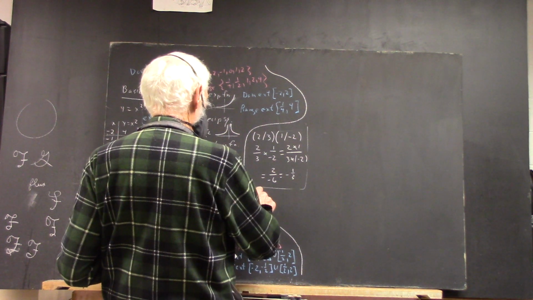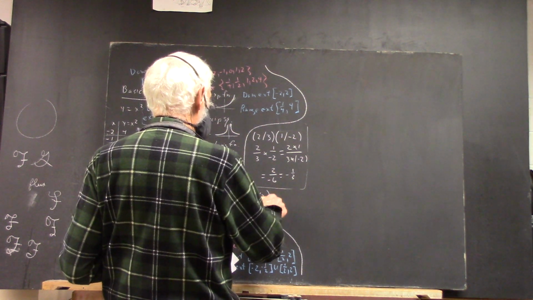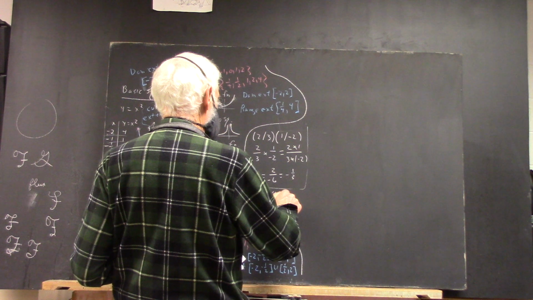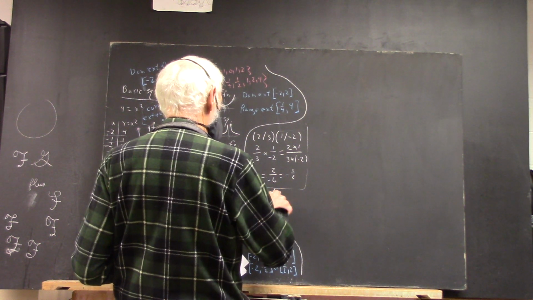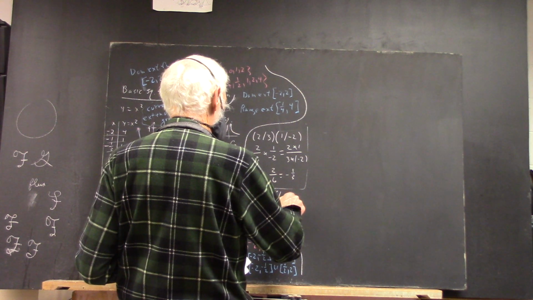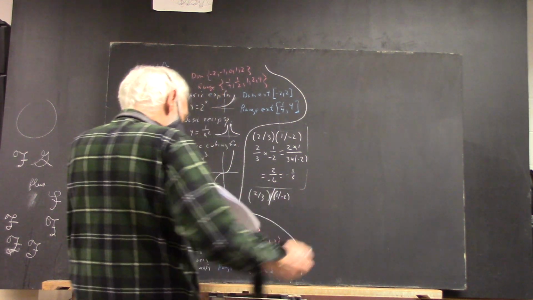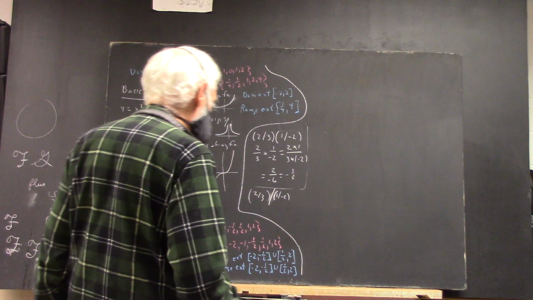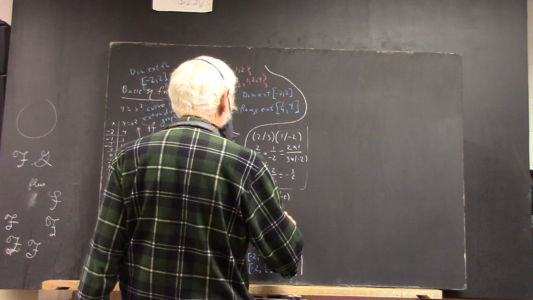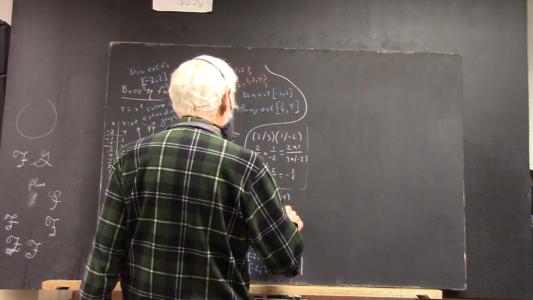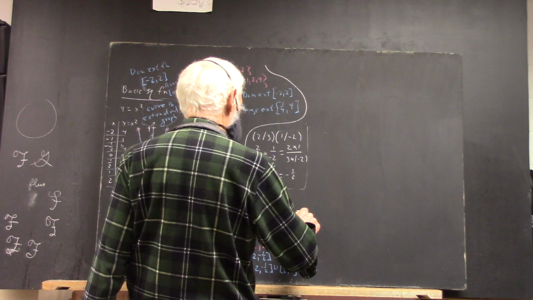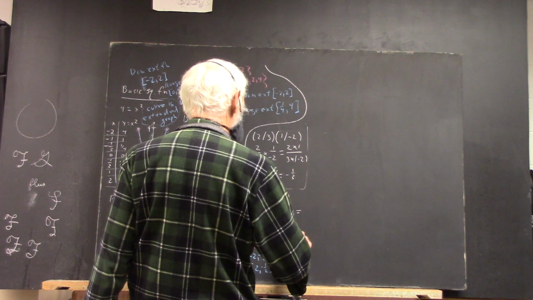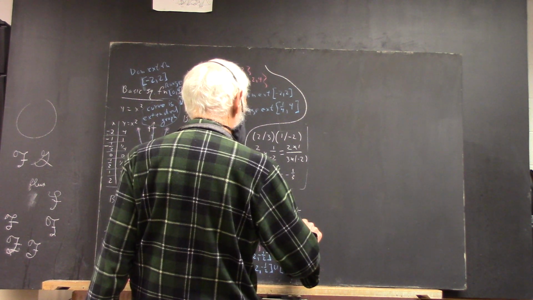Now, I didn't see this flash. Divided by 1 over negative 2. Okay, that's good to see the contrast. Well, that's 2/3 divided by 1 over negative 2, which is 2/3 multiplied by negative 2 over 1.